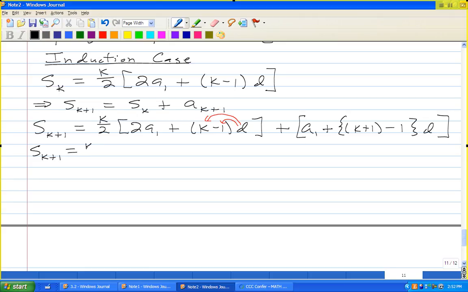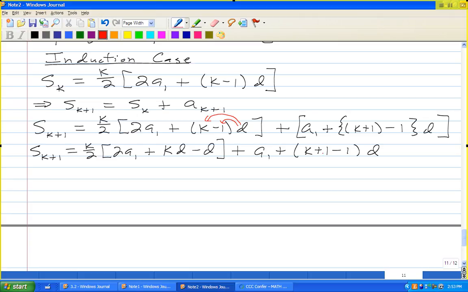So this is k over 2 times (2a1 plus kd minus d) plus a1 plus, well, the ones cancel. Well, let's write this, get rid of the parentheses, so it's (k plus 1 minus 1)d.